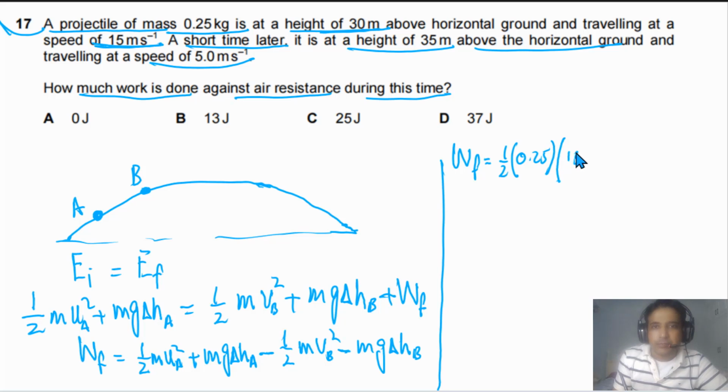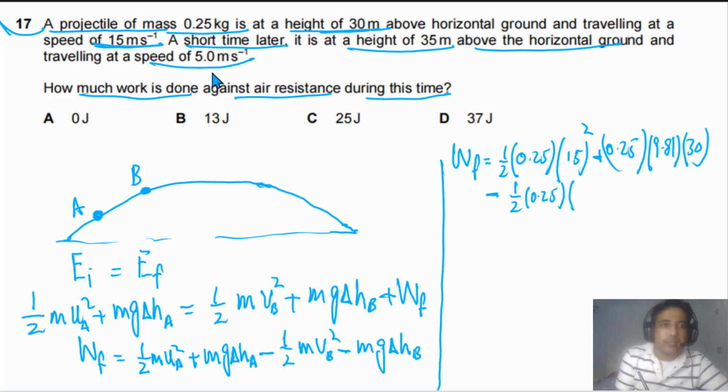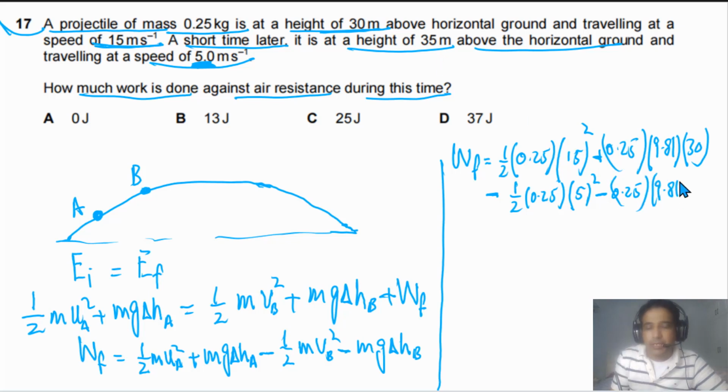So this is 15 squared, and we have plus GPE, that is equal to 0.25 times the mass times the value of g, that is 9.81, times height, that is 30 meters, and we need to subtract 1/2 times 0.25 times the speed at point B, that is 5, so this is 5 squared, minus GPE at point B, 0.25 times 9.81 times the height, this is 35.